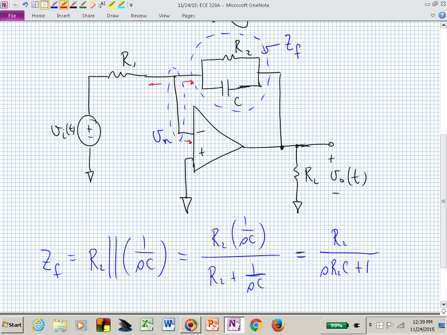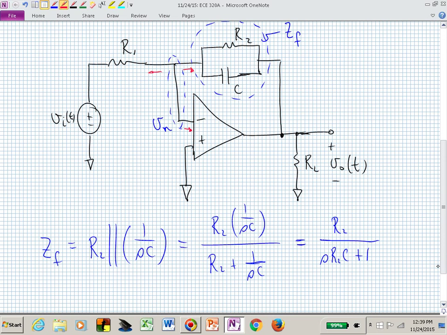But we know that that's 0, and so really we just have to add up the current going left and the current going right, and those equal 0, a KCL equation.